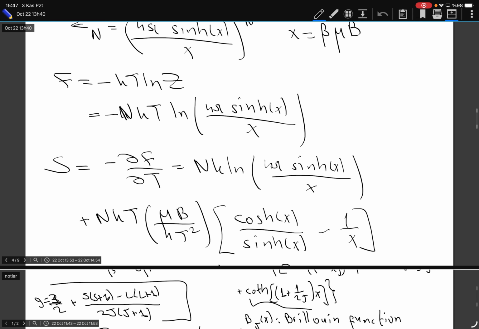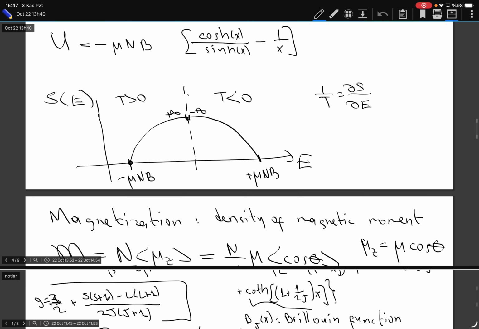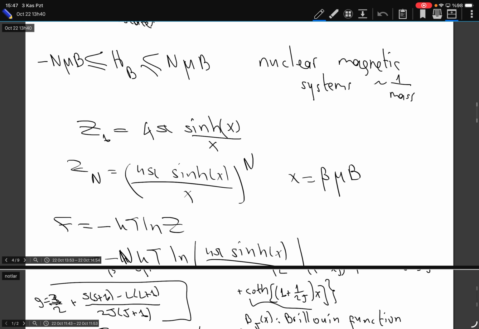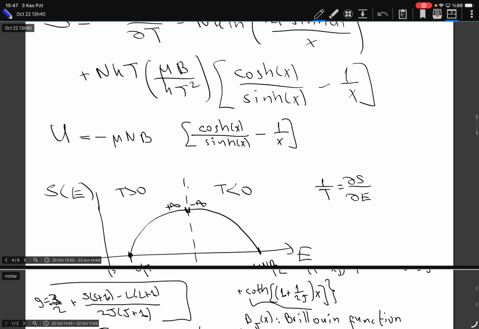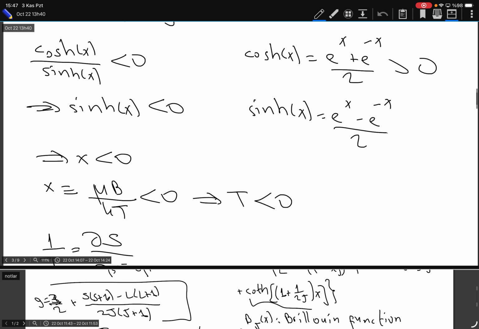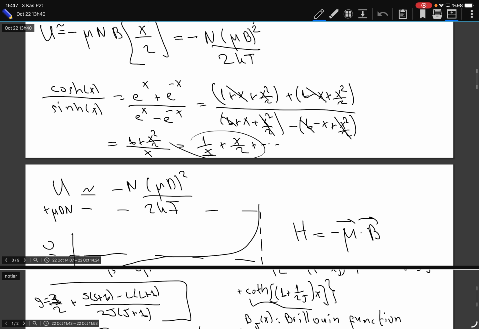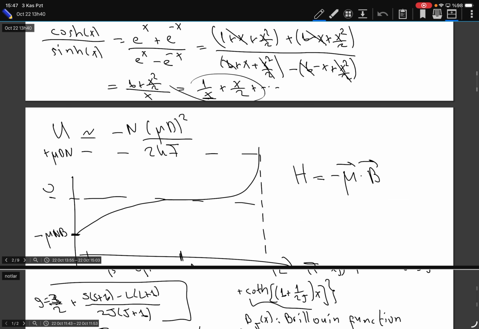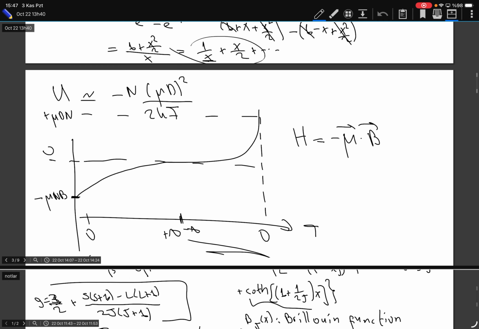So let's continue. Another problem that we addressed: when we calculated the average energy of this system for a positive temperature, we saw the low temperature and the high temperature limit. At the high temperature limit, when T diverges, practically U is 0.